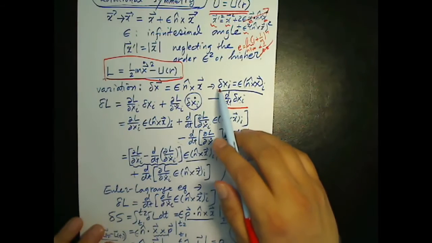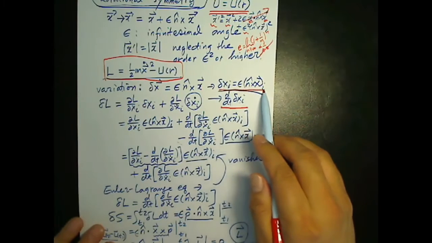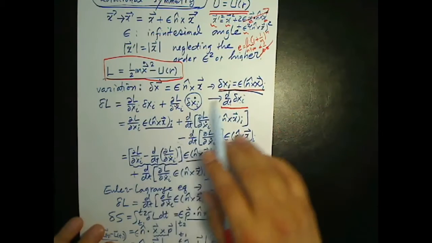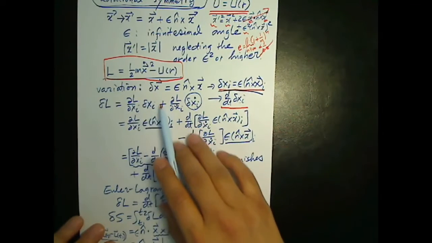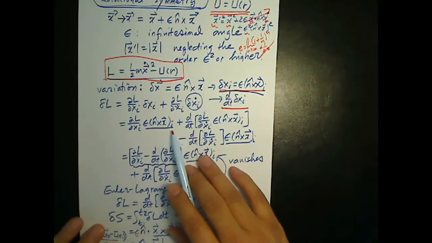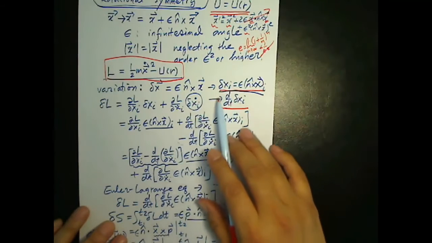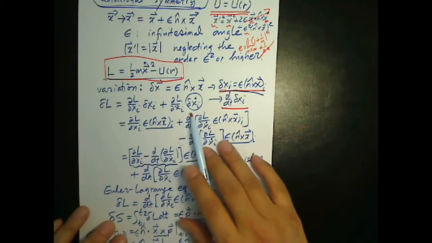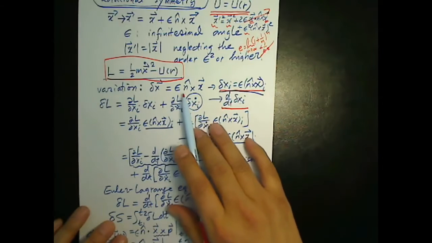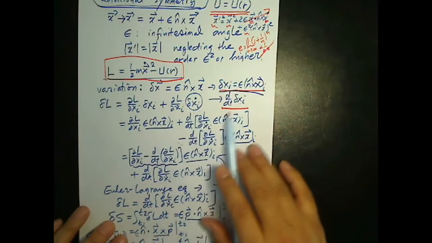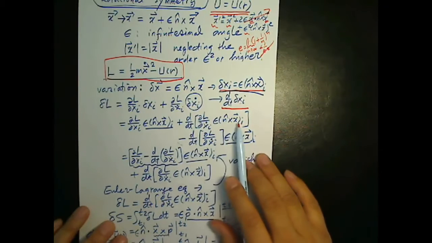All right, let us substitute this result. Here, we find that the variation delta x_i is epsilon (n cross x)_i. As usual, we follow the strategy to find the coefficient of the Euler-Lagrange equation. We pull the derivative outside and take the time derivative of the conjugate momentum times the variation, summed over i.